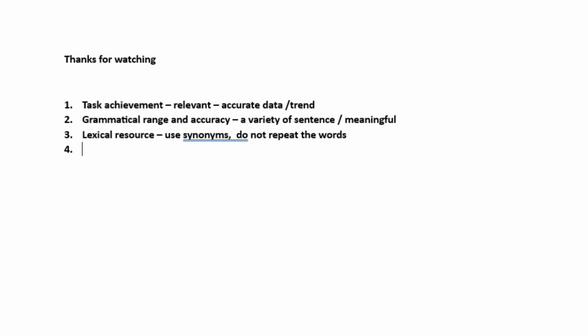Then finally, coherence and cohesion. What does it mean? They should be logically connected using appropriate linkers, right? So when you describe something, sentences must be systematically connected. They must be in a sequence, because if the sequence is not there, it will be difficult for the listener to understand the story that you are telling.